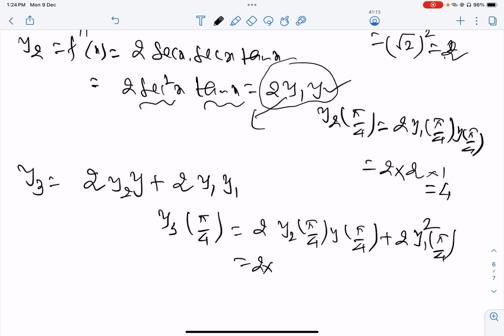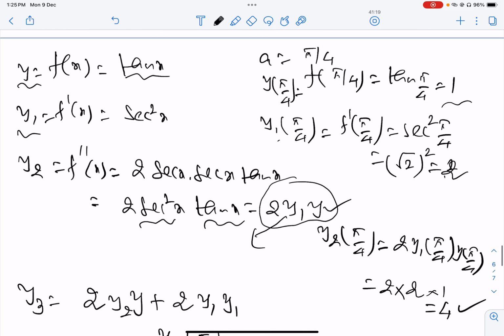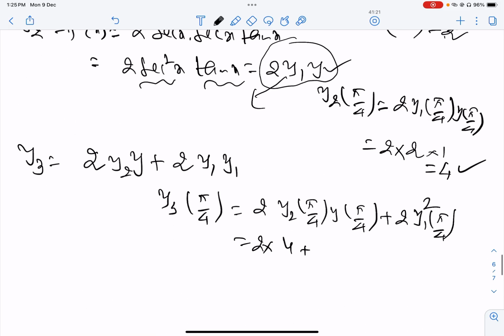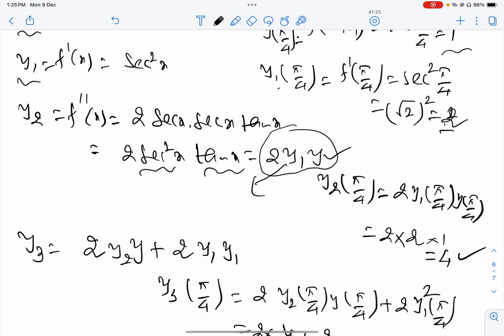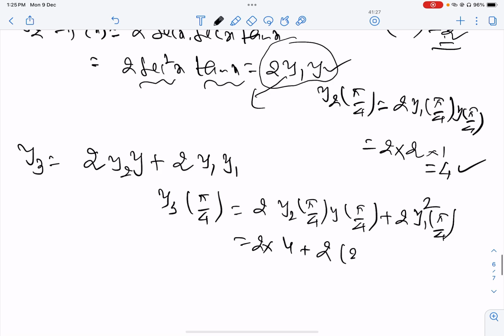So y2 at pi by 4 is 4, y at pi by 4 is 1, then y1 at pi by 4 is 2, so this is 2 square. So this is 4 2 8, 8. So that is nothing but 16, and so on.